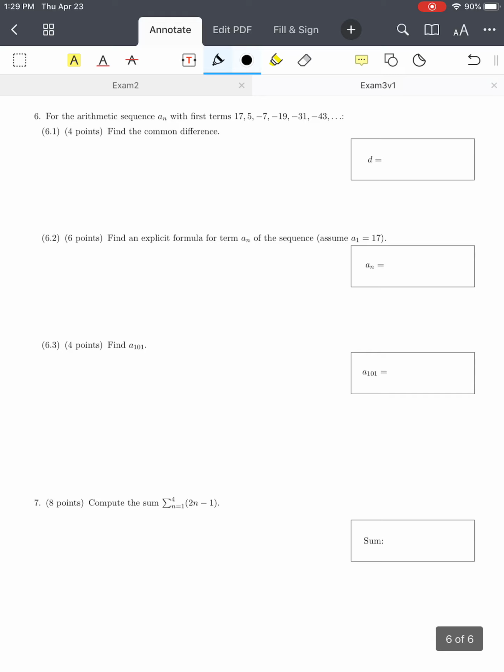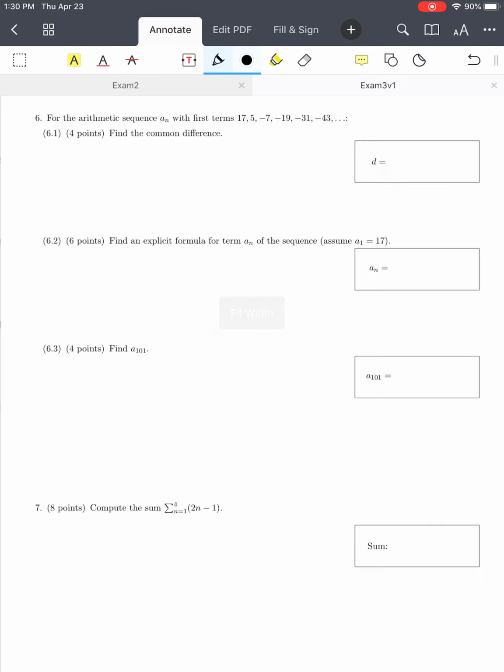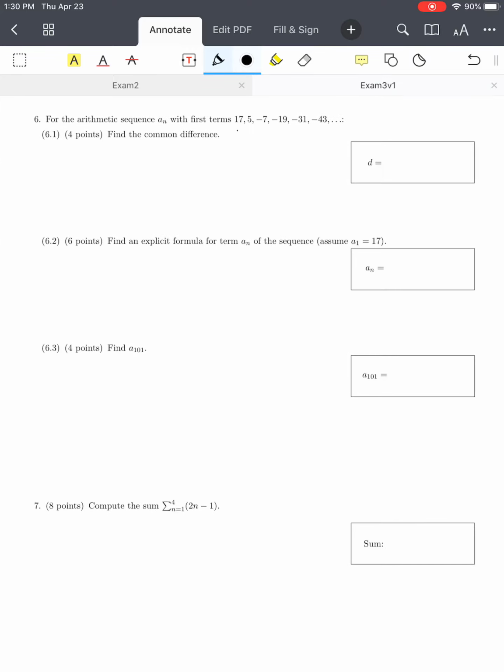Okay, for problem 6. For the arithmetic sequence a sub n, with the first terms 17, 5, -7, -19, and so on, we want to find the common difference. It already tells us that it's arithmetic, so there's a common difference. What's the difference between these? To go from 17 to 5, that's -12. 5 to -7 is -12.